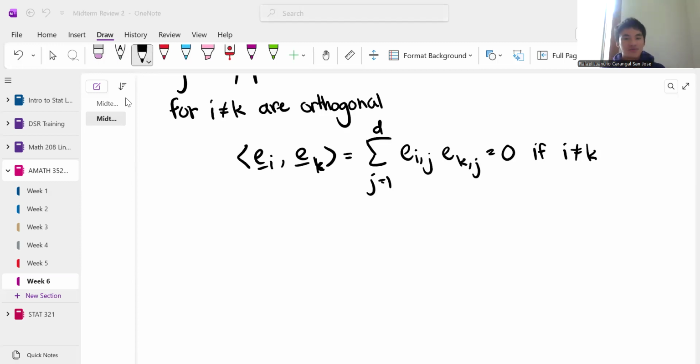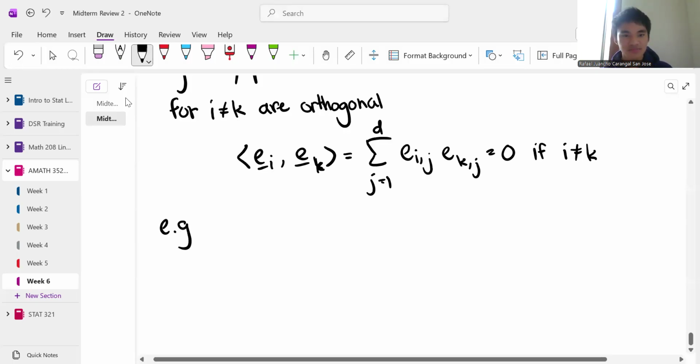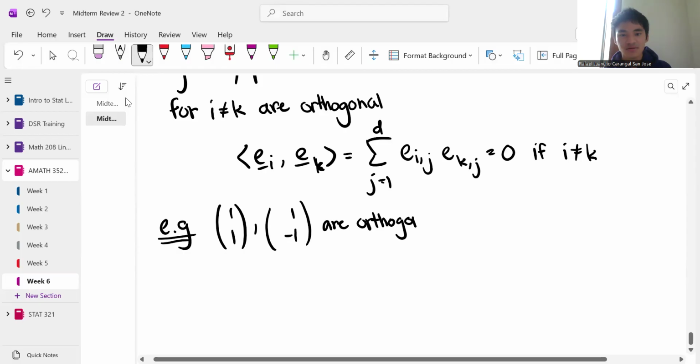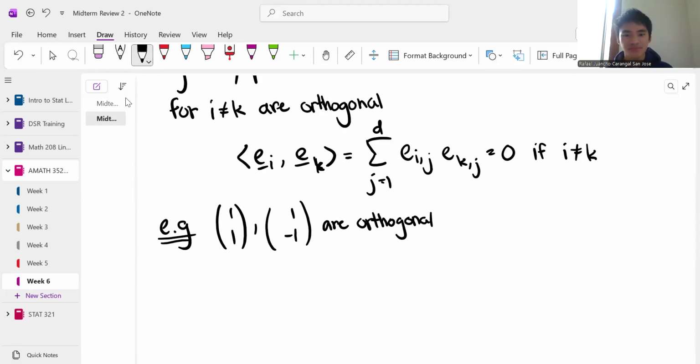Right. Let's do one more. How many more do we have? Oh, that was it. This is the last one. Then we'll call it a day. So here, I'm gonna say I have this vector 1, 1, and I have another vector 1, negative 1. And we say these guys are orthogonal.